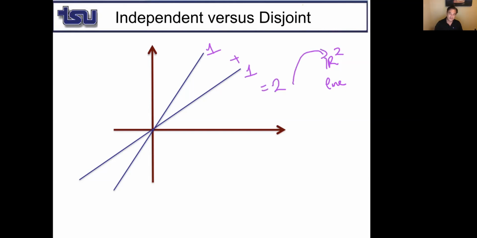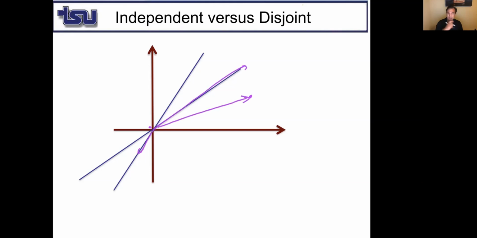If I take any point in R2, I can always find one vector from here and maybe another vector from here. If I add them up, I will end up with this. So any vector in R2 can be represented as a unique combination of one vector from line 1 and another vector from line 2. Let's keep that in mind as well.